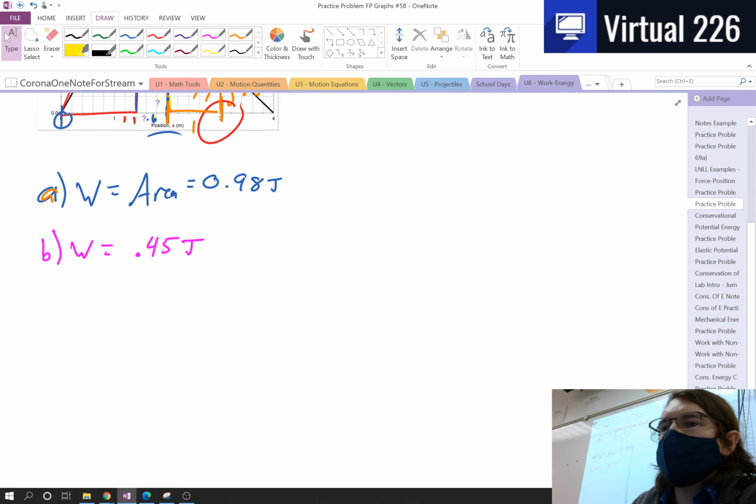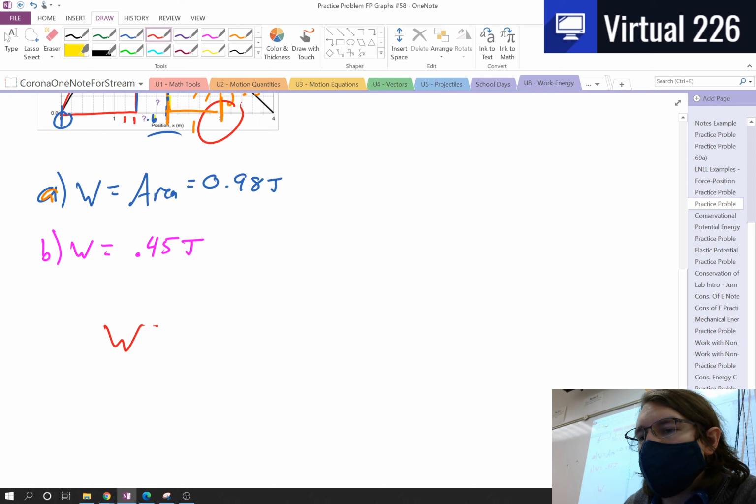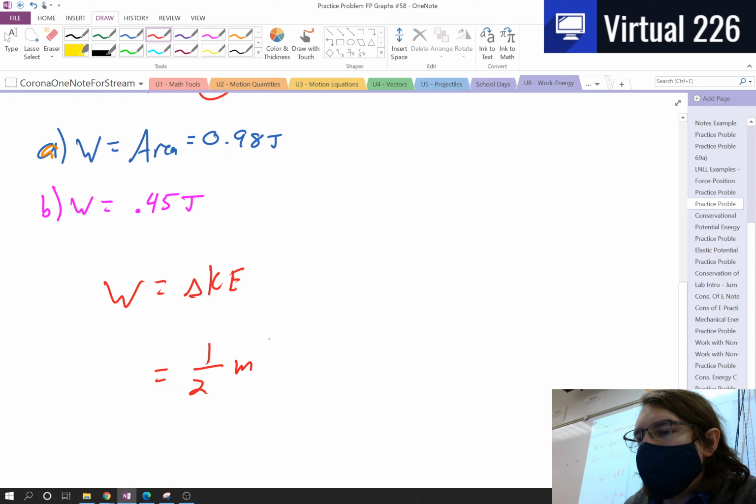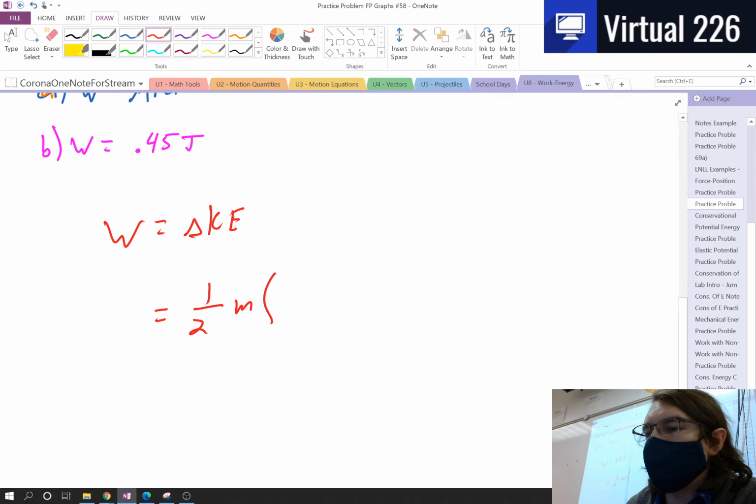So what we can do here is remember that work equals a change in kinetic energy, or that the total work equals 1/2 times a mass times a final velocity squared minus an initial. Our final velocity was 2.3 squared minus the initial of rest, which is 0 squared, so really we don't even have to write this in. We can just get rid of it from the equation.